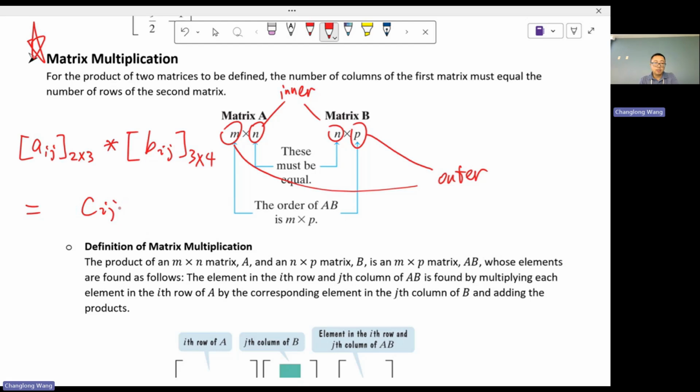Can you guys predict the order of the C matrix? What will be the order? How many rows and columns would that be in matrix C? Rebecca? 6 by 3. Now, take a close look.